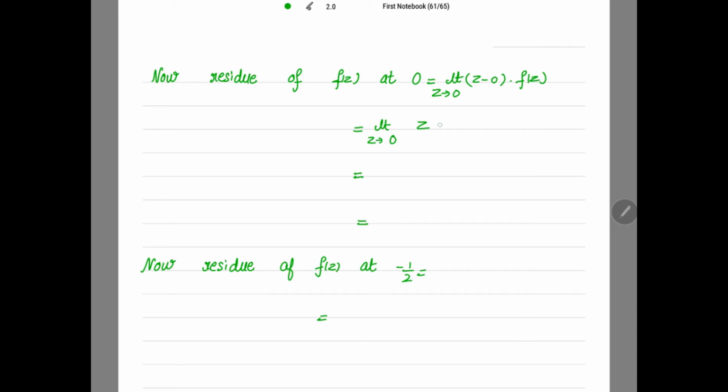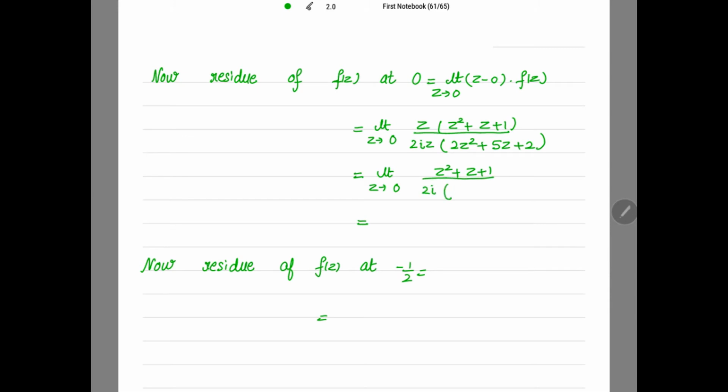Write the whole of your f(z), which is z square plus z plus 1 over 2 iota z into 2z square plus 5z plus 2. Now z is cancelled with this z in the denominator, and then this is equal to limit z tends to 0, z square plus z plus 1 over 2 iota, times the quadratic.